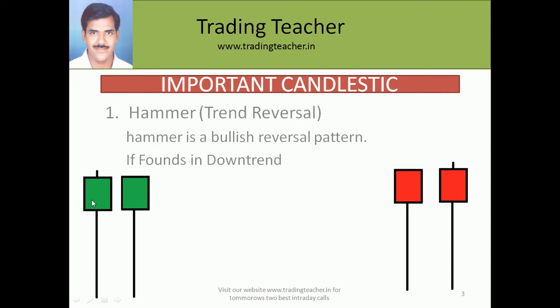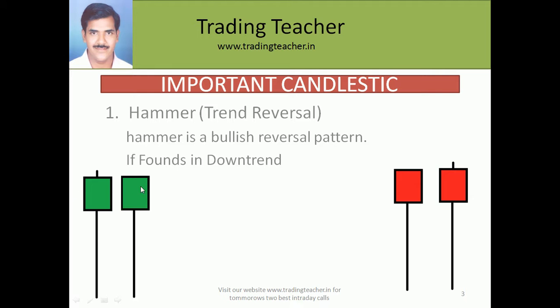I have attached two images here; this is a hammer and this is also a hammer. The hammer is a trend reversal pattern, a bullish reversal pattern, meaning if it is found in a downtrend and the last candlestick in the downtrend was the hammer, it may be red or green, the color doesn't matter.